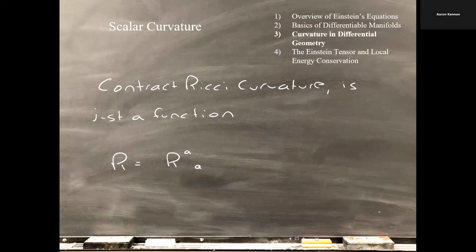Just as an aside, we've introduced these three notions of curvature, the Riemann curvature, the Ricci curvature, and the scalar curvature, and these all correspond to different levels of information. The Riemann curvature encapsulates quite a bit. There are a lot of components of this thing. Ricci curvature is still a strong condition, but it's certainly weaker than Riemann. And scalar curvature is a very weak condition, but it's not a nothing condition.